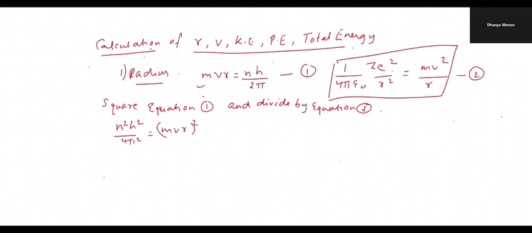And I also have to divide by equation 2, which is ZE square by 4 pi epsilon naught ZE square by R square equal to MV square by R. This is equation number 2.